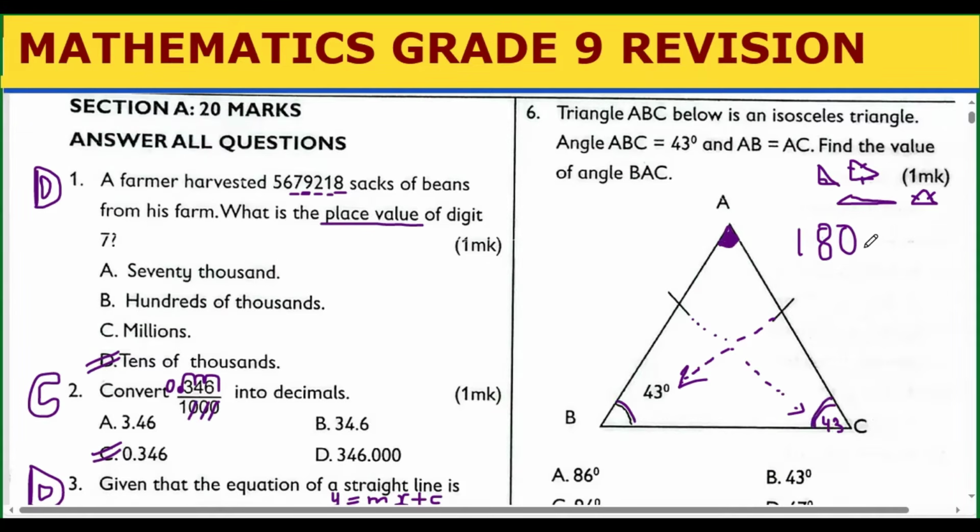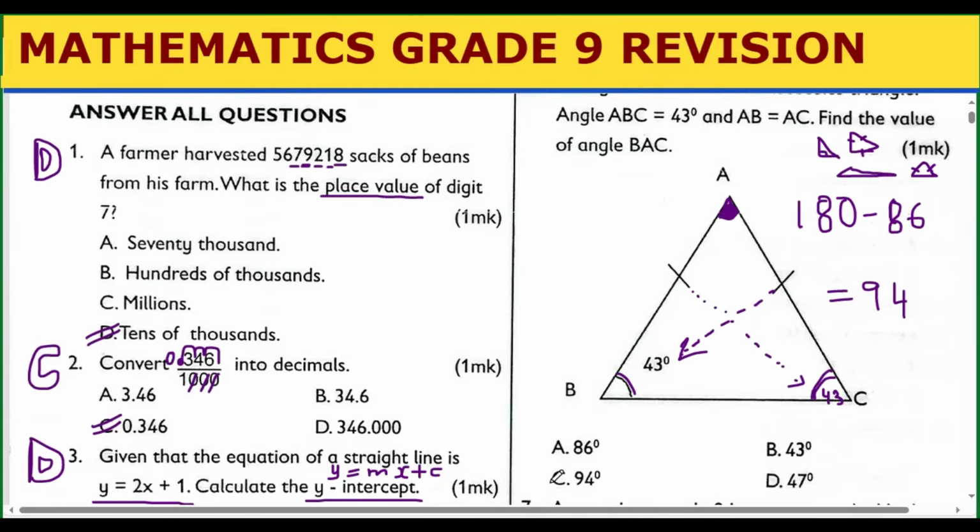So 43 plus 43 is 86. So just say 180 minus 86. You get 94. Yes, your answer is 94 degrees. So the angle formed at this point is 94 degrees. So the correct answer is that one. That is number 6. Let's go to number 7.